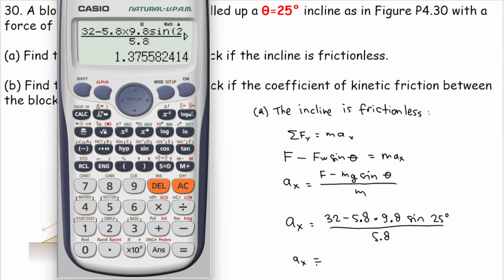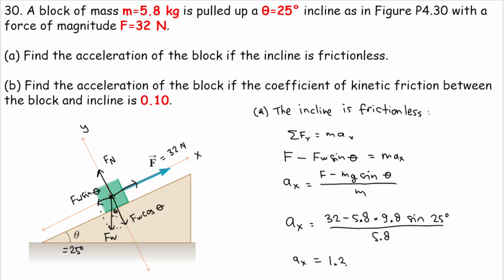So ax is 1.38 meters per second squared, and that is the answer for question A. Good, and now let's move on.